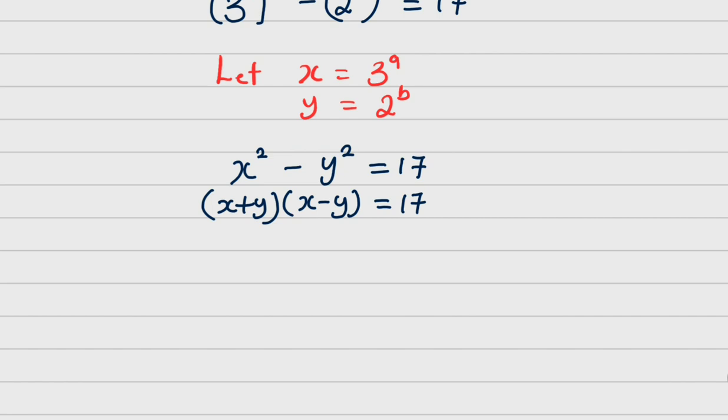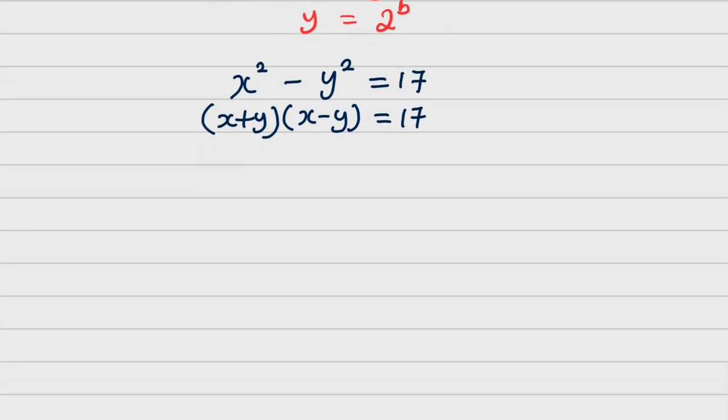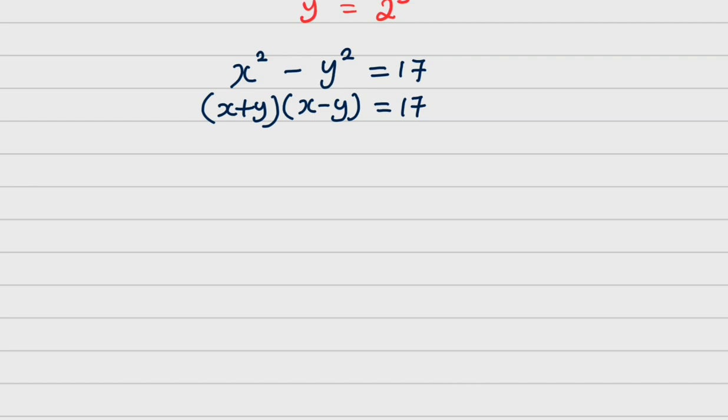Now, the good thing here is this. I'm going to show you a trick, very interesting, that will help you to get your values or the answers. Now, do you know that x plus y into x minus y can be written as 17 times 1?